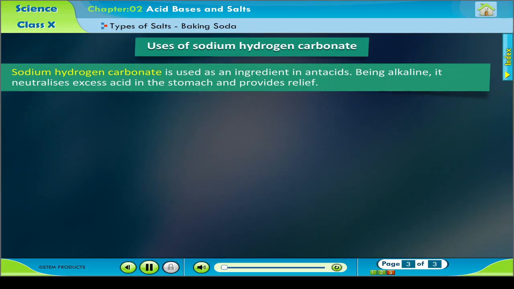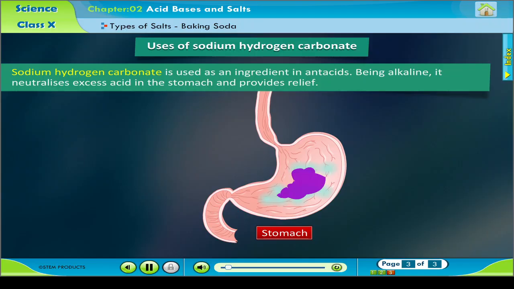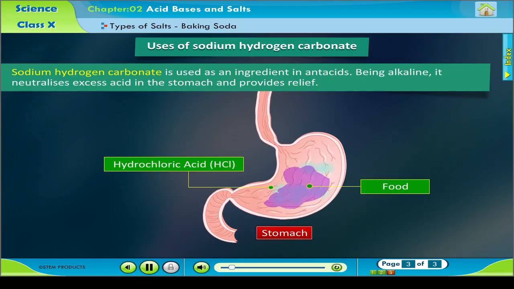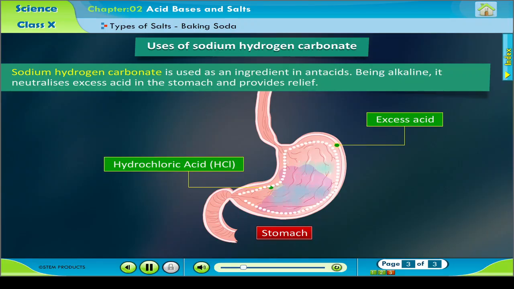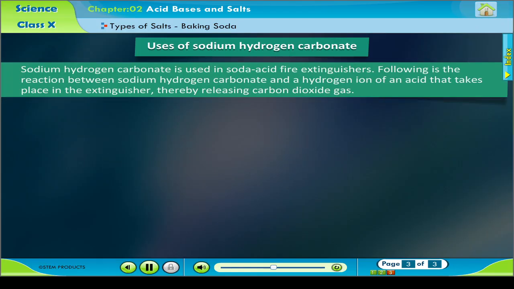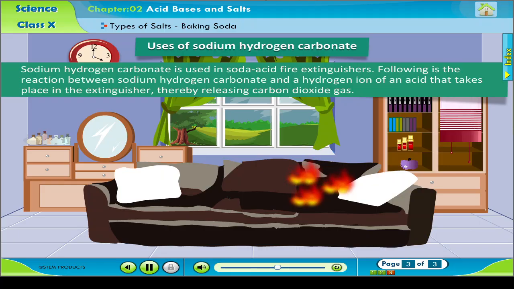Uses of sodium hydrogen carbonate. Sodium hydrogen carbonate is used in soda acid fire extinguishers.